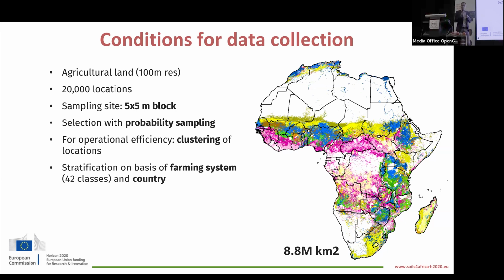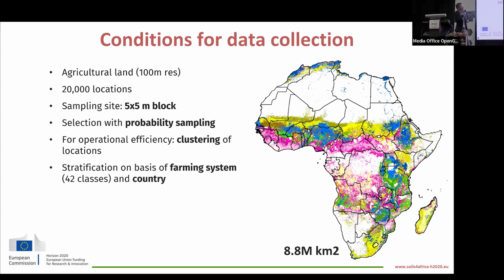We selected our sampling units with probability sampling because it has optimal statistical properties to establish baselines. It's not easy to implement a probability sampling design, but we thought it would be worthwhile to try.